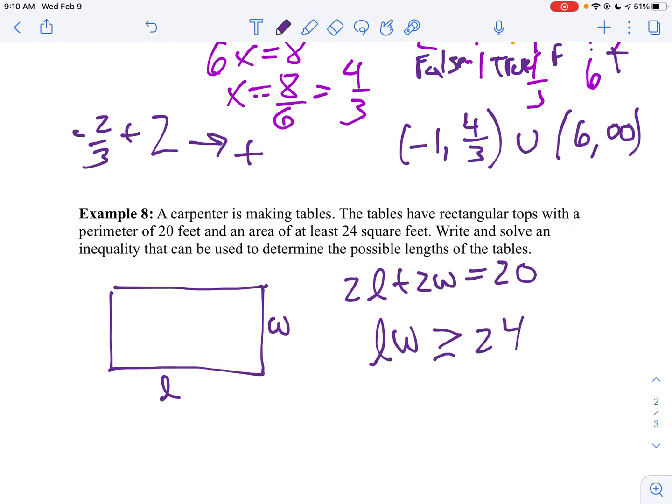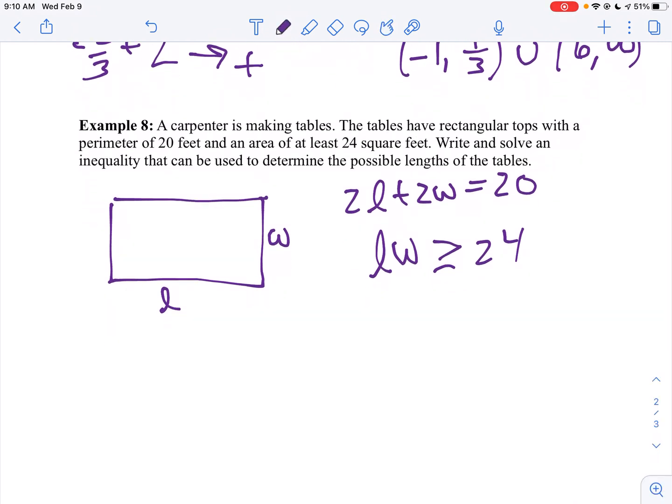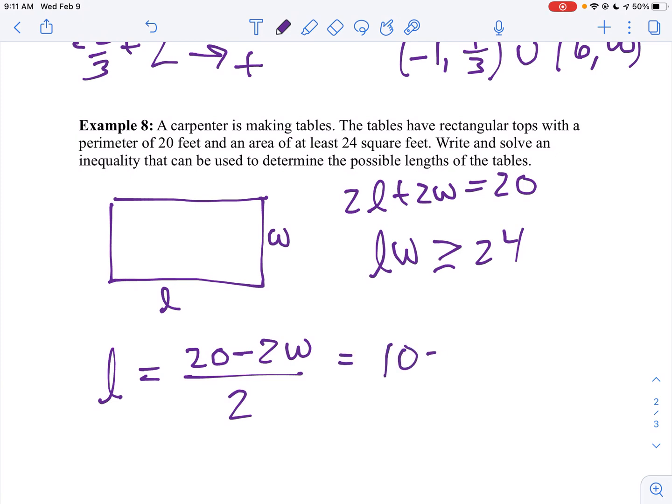Well, I've got a system here, so let's use substitution. Since I have my first equation, let's get one letter by itself. So I'm going to solve for L. L is going to be 20 minus 2w all over 2, because I subtract the 2w and I divide by 2, which is the same thing as 10 minus w.